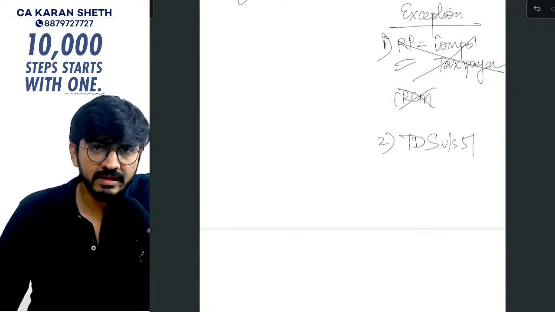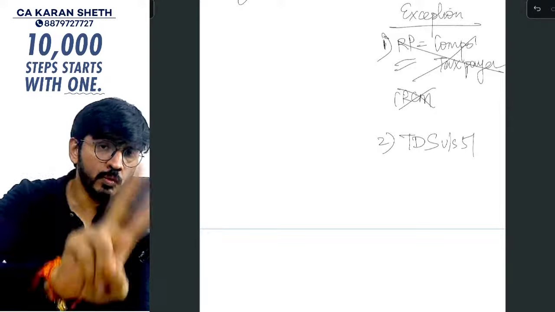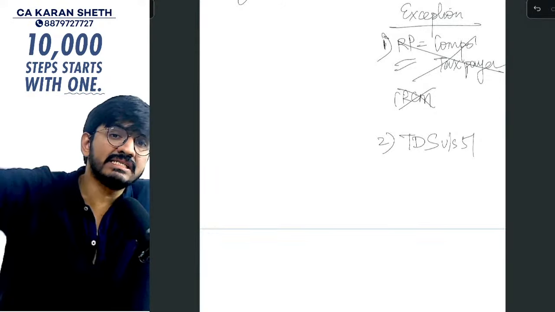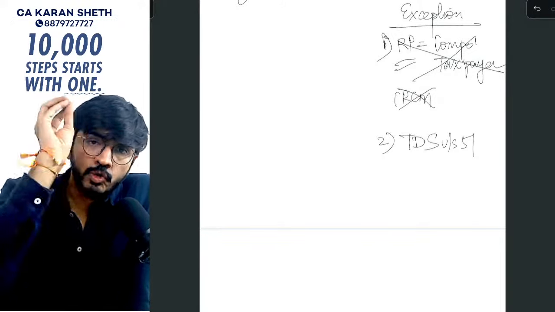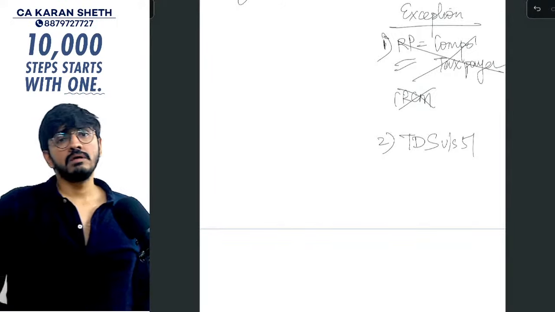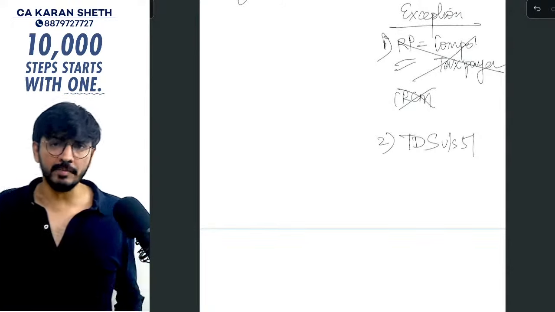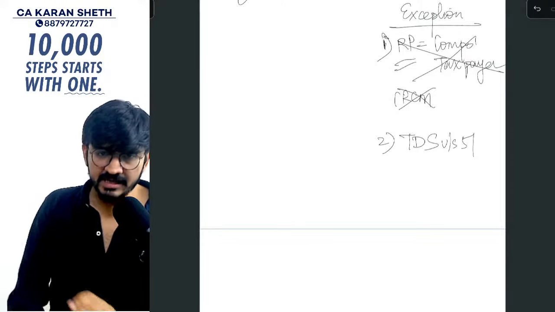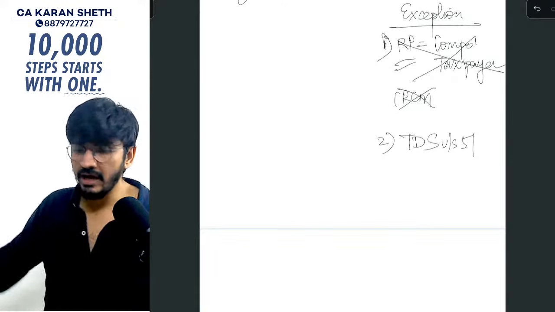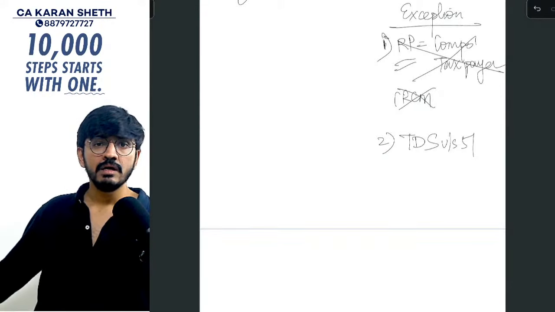So understand, this is the TDS that you need to deduct at the rate of 2% under section 51 of the CGST Act. Now this person is solely registered to deduct TDS. So his only job is, as soon as he makes payment to the supplier, TDS he has to cut, pay, cut, pay, cut, pay. Are you getting it?